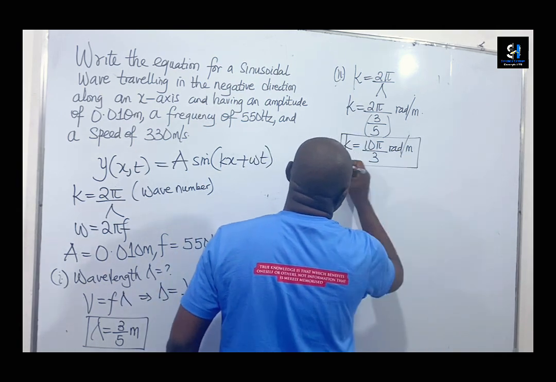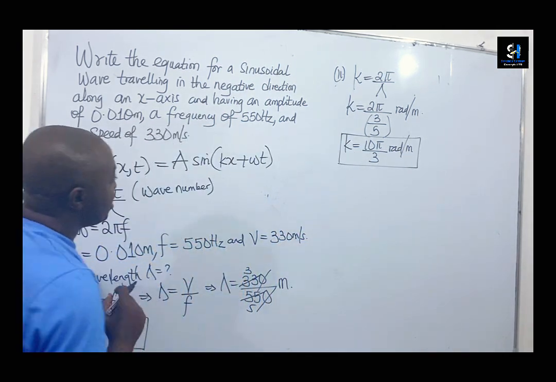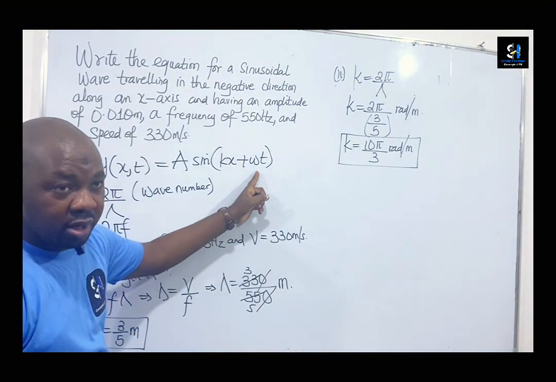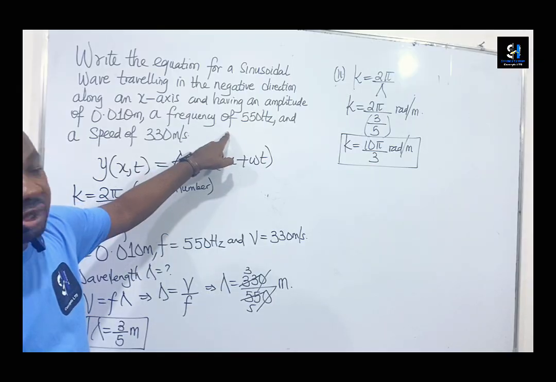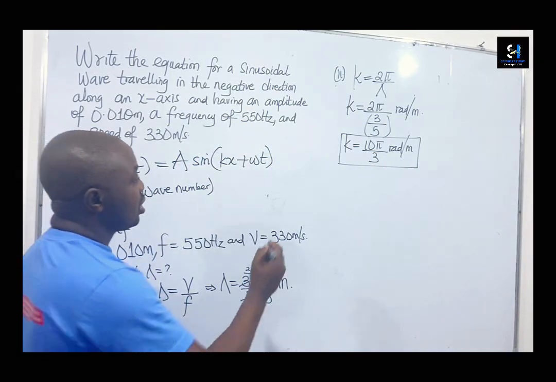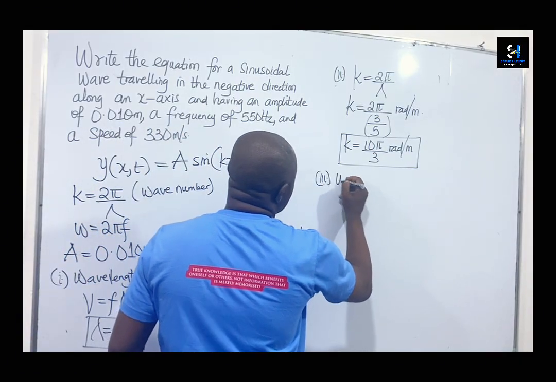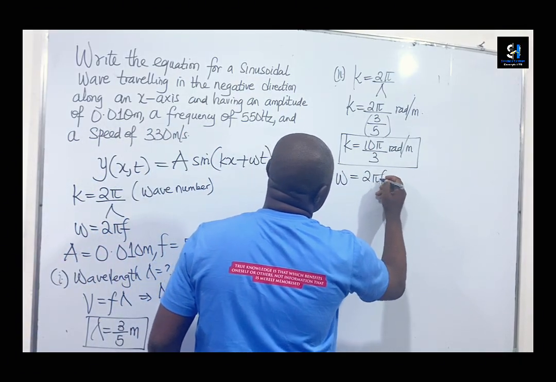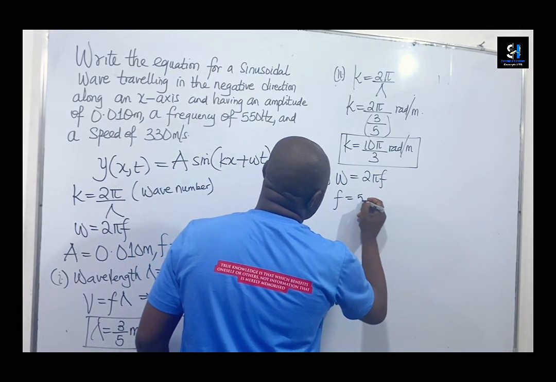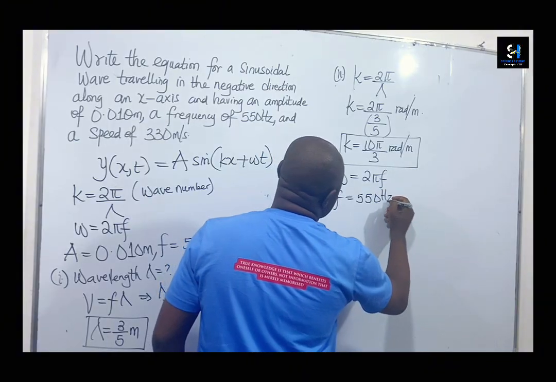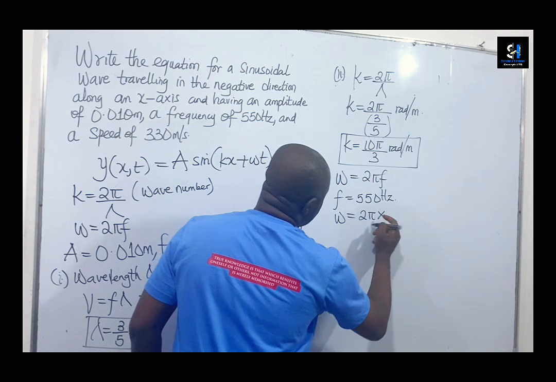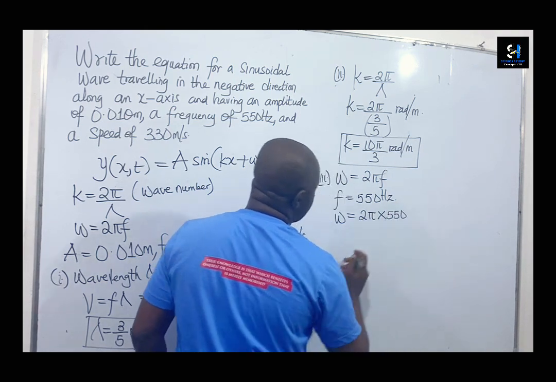So this is k. The next parameter to calculate is omega, and we are given the frequency of 550 hertz. Roman numeral 3. We have omega equals 2 pi f, so omega equals 2 pi multiplied by 550.